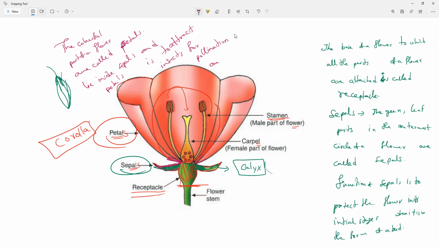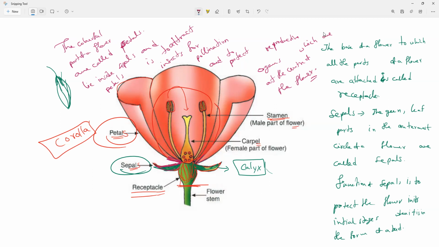And to protect the reproductive organs which are at the center of the flower. So that is the importance of petals.